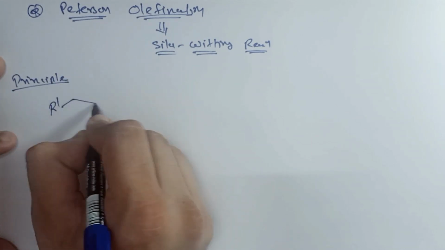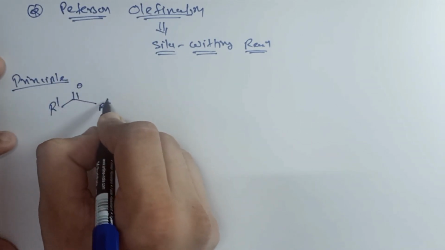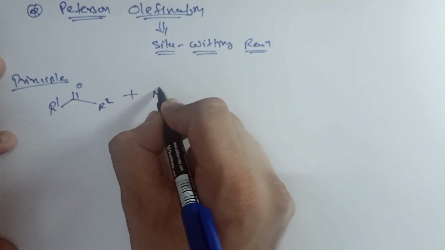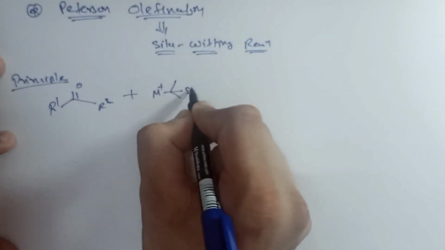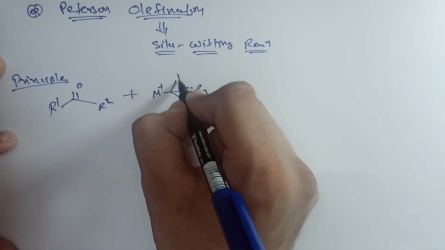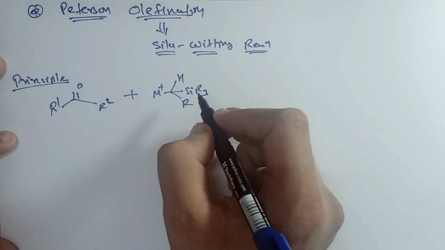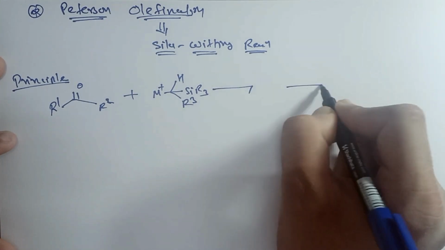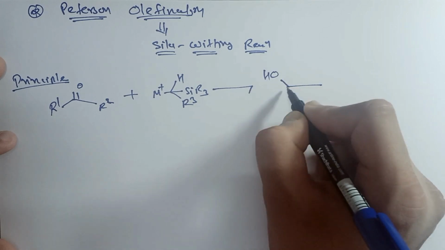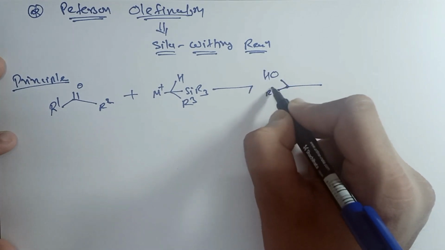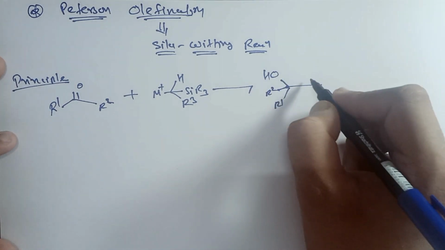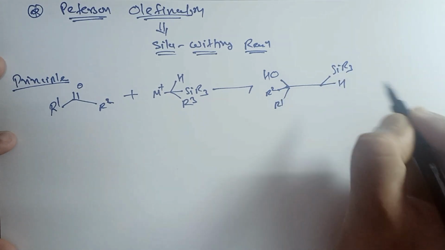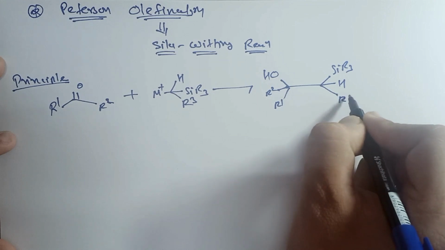Suppose you have this type of carbonyl compound, R1 C=O R2. When it is reacted with the silyl derivative, that is a silicon SiR3 molecule, with an H and an R3 here, in acidic or basic condition, it will produce this type of intermediate: OH, R2 and R1, with a silicon SiR3, an H, and an R3 group.